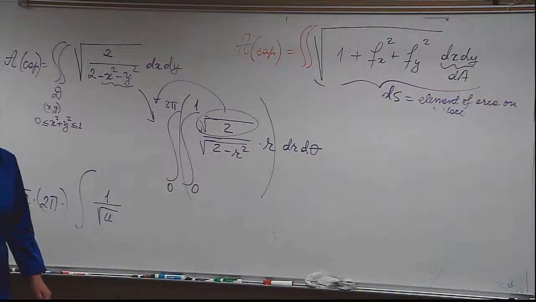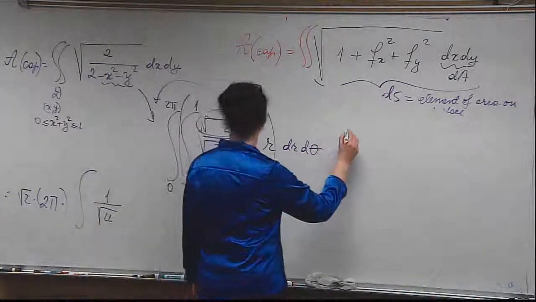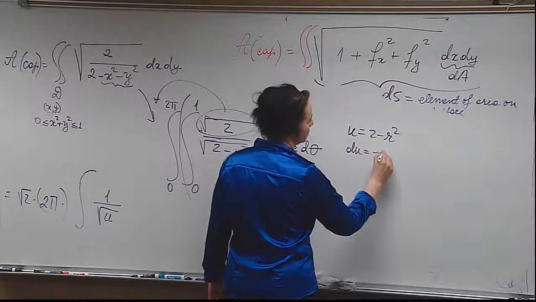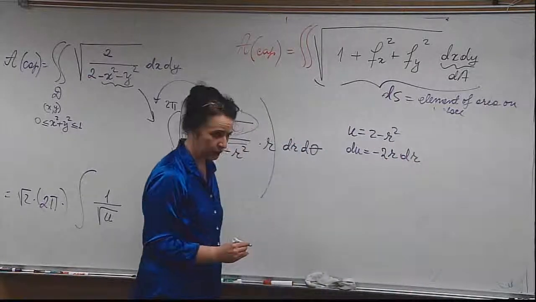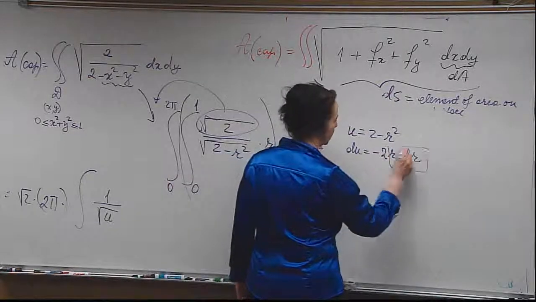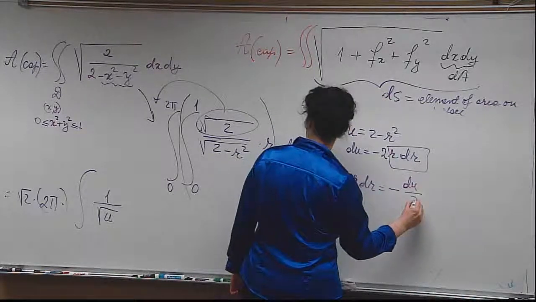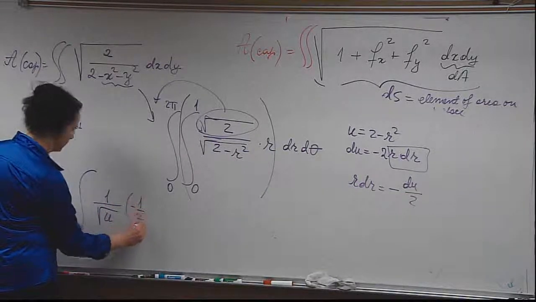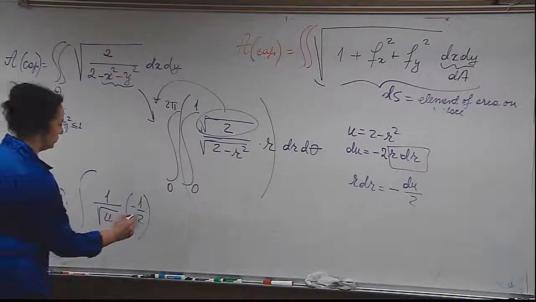And there will be 2r, so the r will cancel out. If u is 2 minus r squared, du is minus, I have to pay attention so I don't mess up the signs, right? So r dr is a block, and this block is simply minus du over 2. So I write it here, minus 1/2 du over 2.